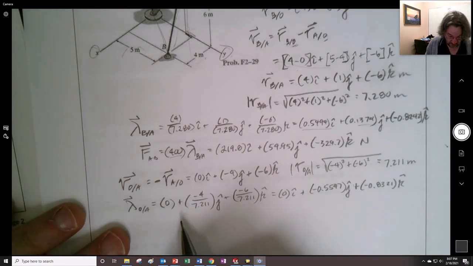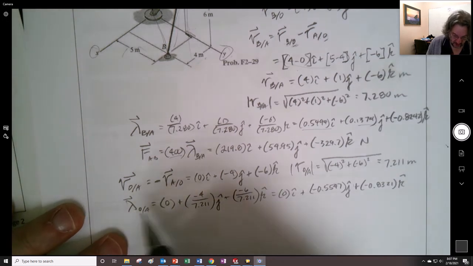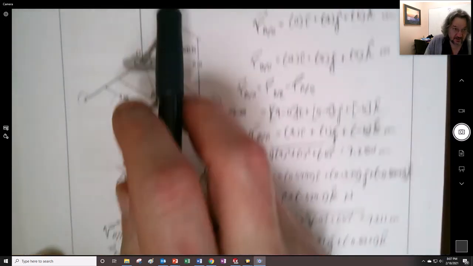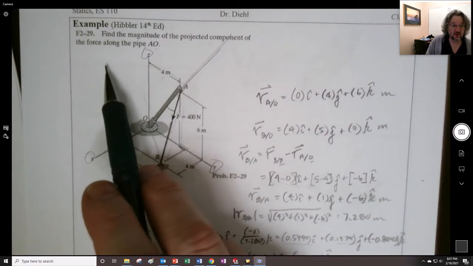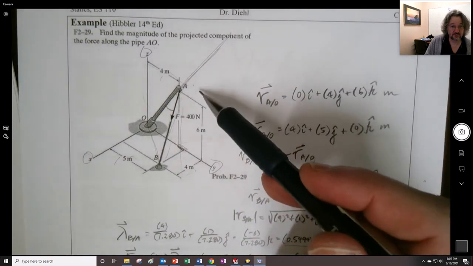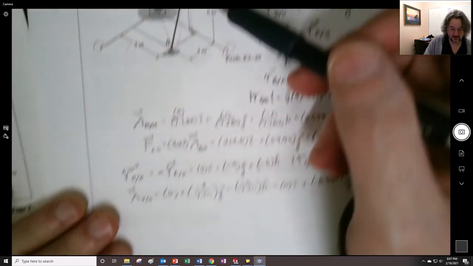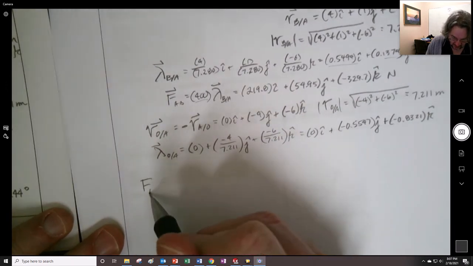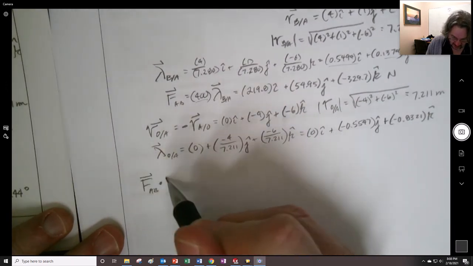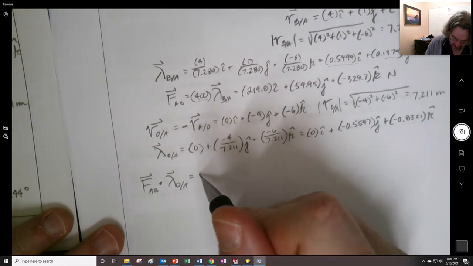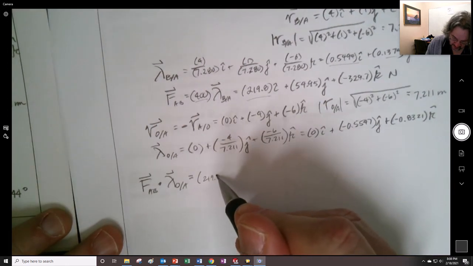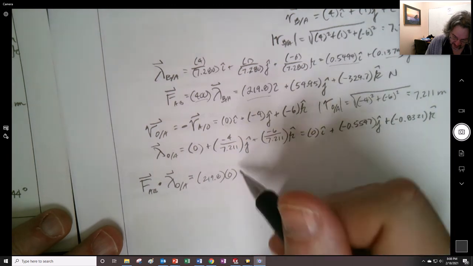All right, so if we want to find the magnitude of the projected component of the force right here onto here, we dot these two things together. We dot that against that. So F AB dotted against lambda OA. We would take the components right here: 219.8 times 0, so nothing happens there.